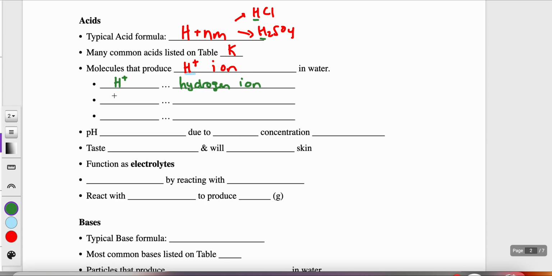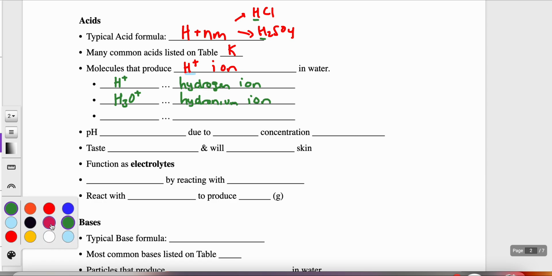Another way that we will have to get used to seeing this idea represented will look as H3O plus, and this is a polyatomic that we know as the hydronium ion.